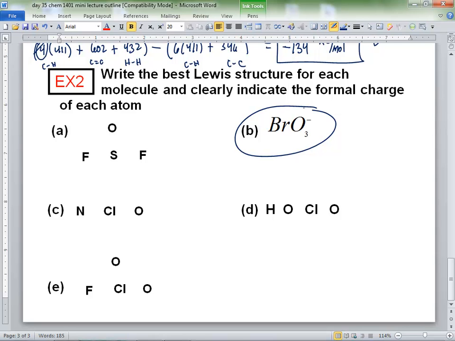Yeah, well, we'll start with A. Let's start with A. Get the total valence. Take octets and everything surrounding, anything left over, put on the center, and see if you get lucky.